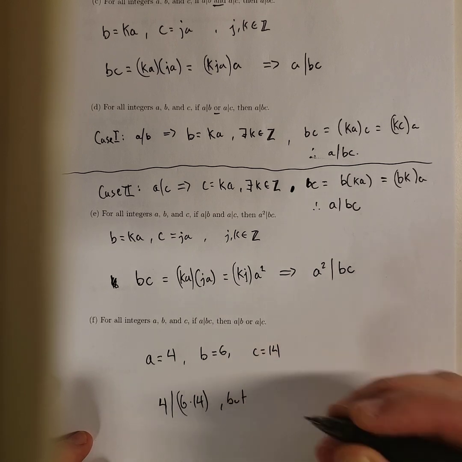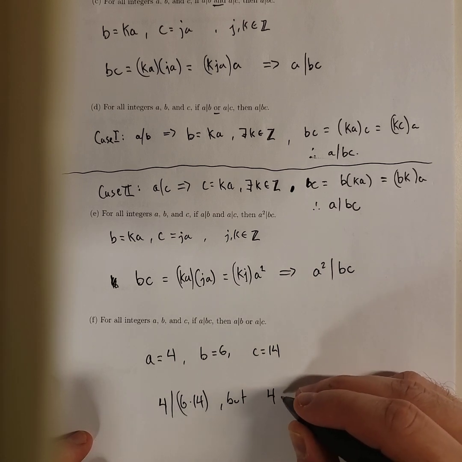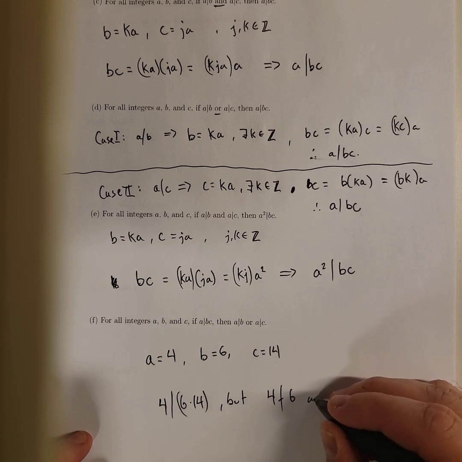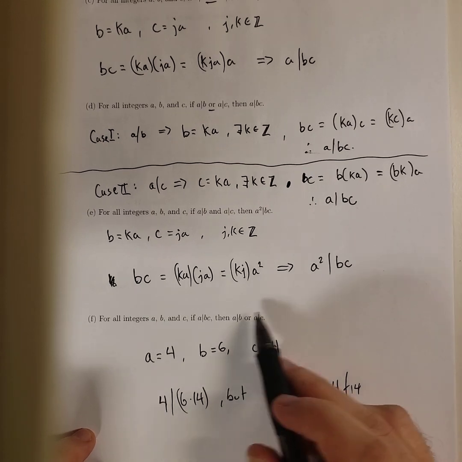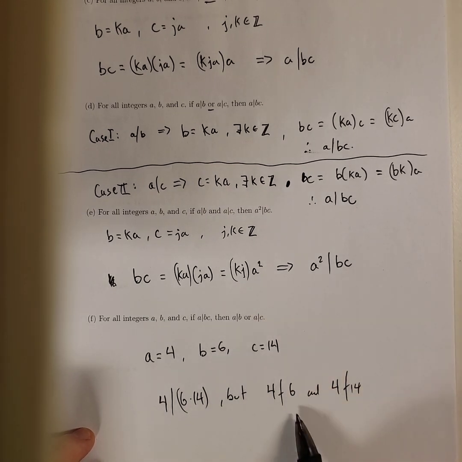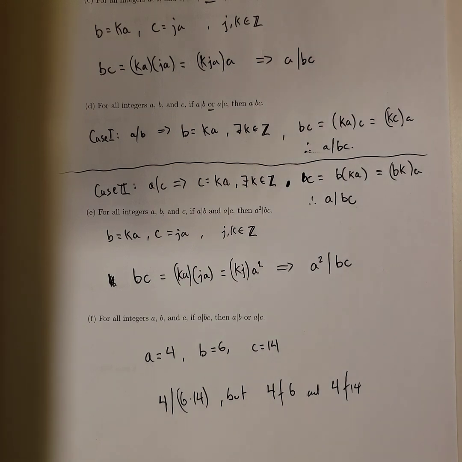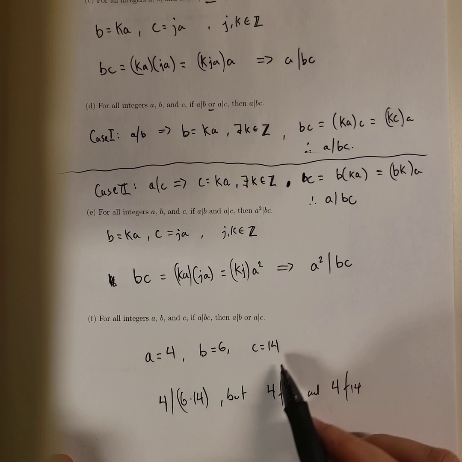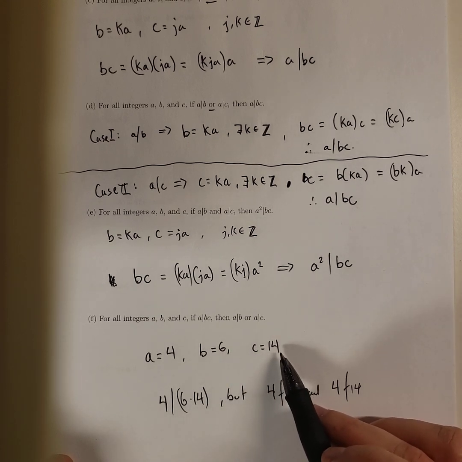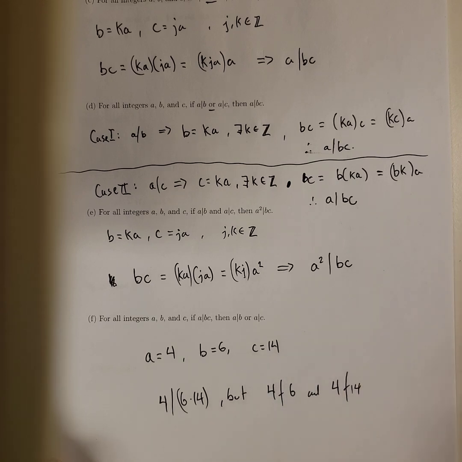But 4 doesn't divide 6, and 4 doesn't divide 14. So that's the opposite of this. By De Morgan's law, it would negate both of them and change the "or" to an "and." So this statement isn't true, since we found a counterexample. And you could find many counterexamples. Just essentially pick a square here, like you could do 9, and then you could do 6 again and something with only one factor of 3, like 21.